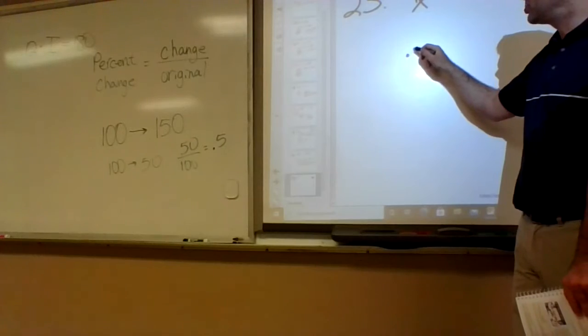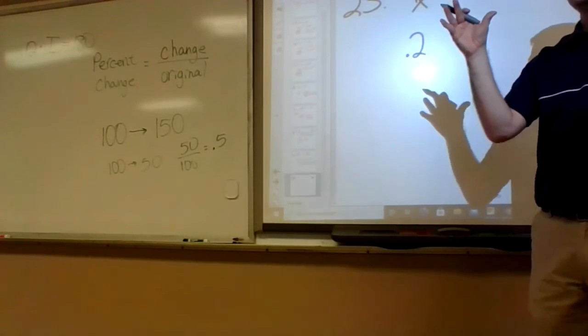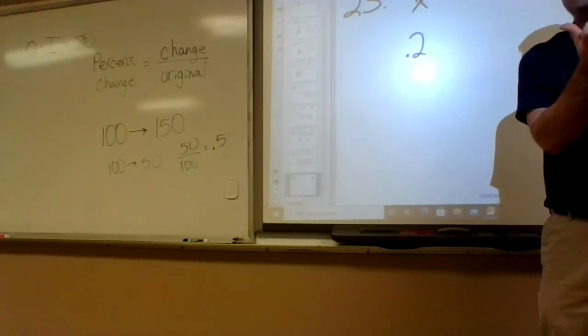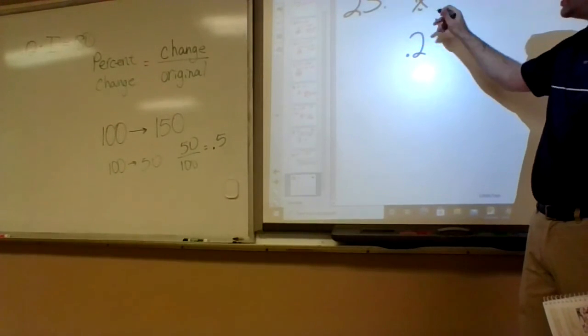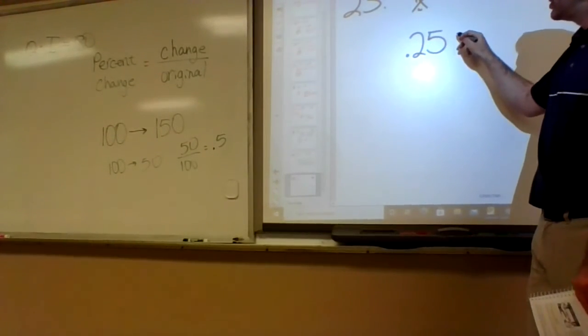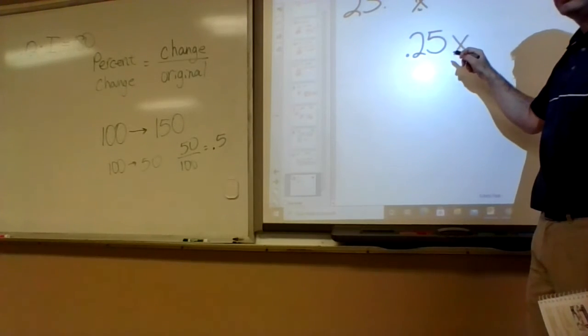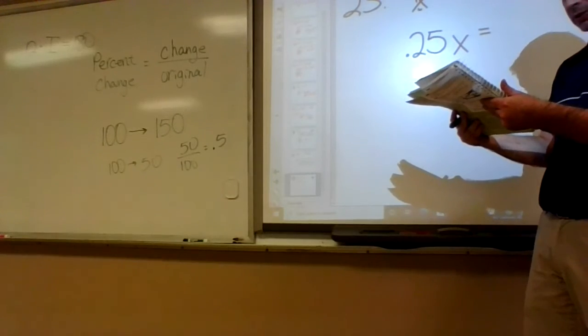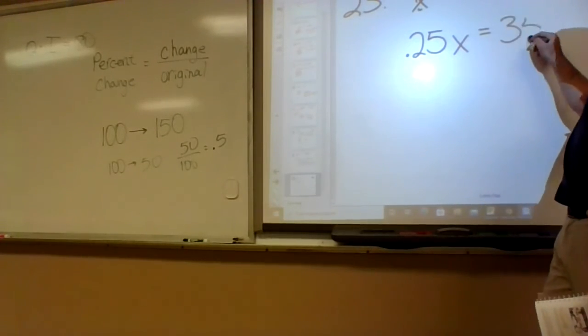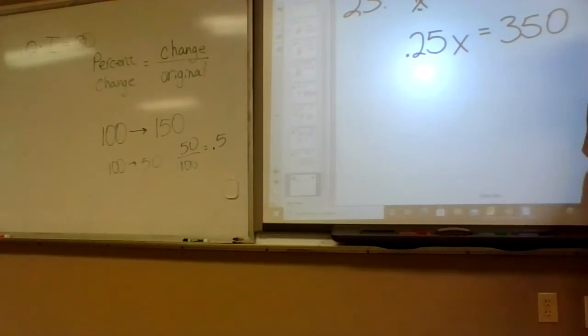So 25% of the original number is going to give me the new number. If I'm taking this down by 75%, then 25% of the original is going to give me the new amount, which was 350. So that's how you do it.